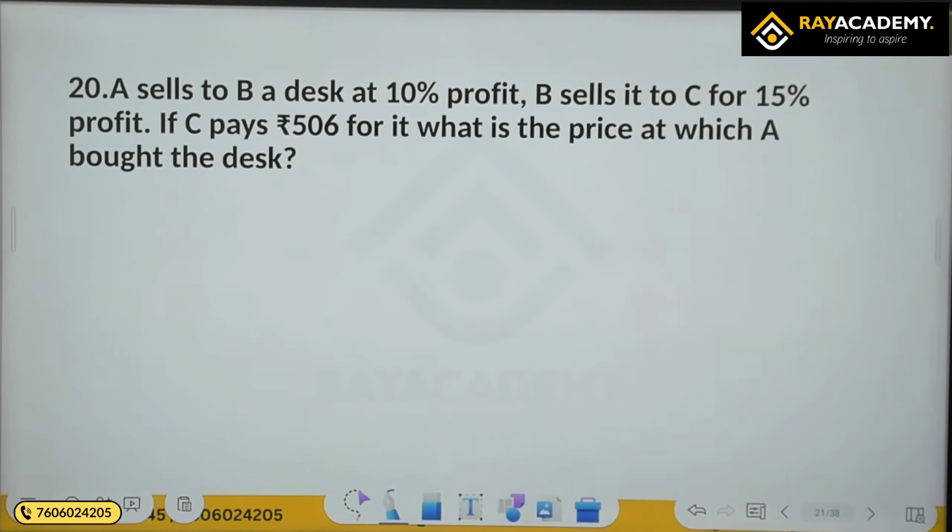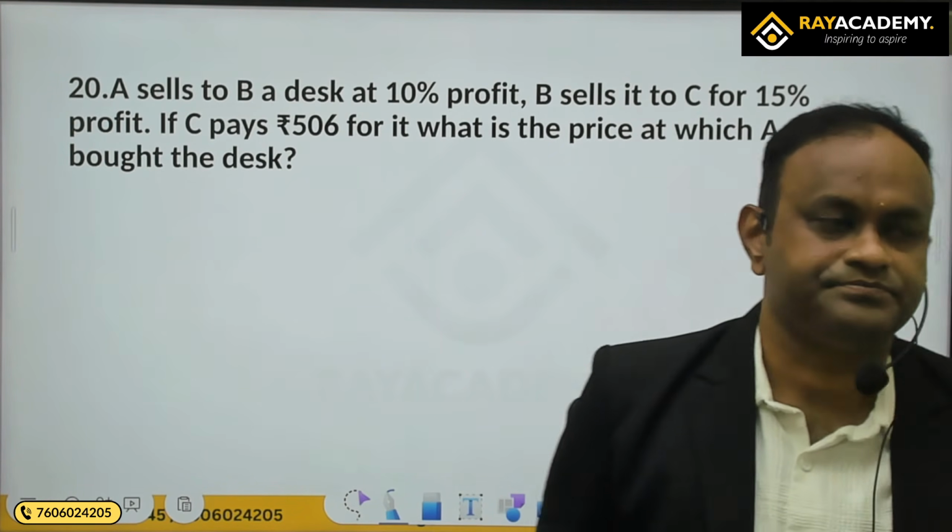There are two transactions, A to B and then B to C. The increase percentages are given, but an exact value is given for what C pays, 506 rupees. Then what should be the cost price of A? Let us plot what is given in this question.